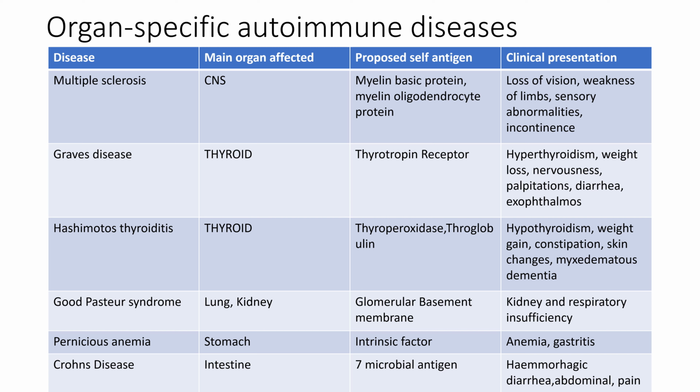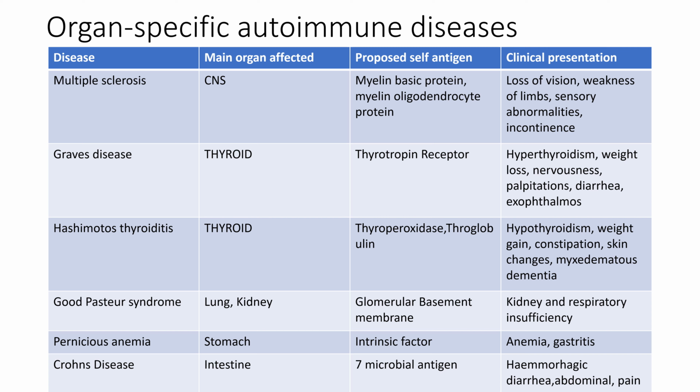In Goodpasture syndrome, the main organs affected are the lung and kidney, and the proposed self-antigen is present in the glomerular basement membrane. The patient presents with kidney and respiratory insufficiency.